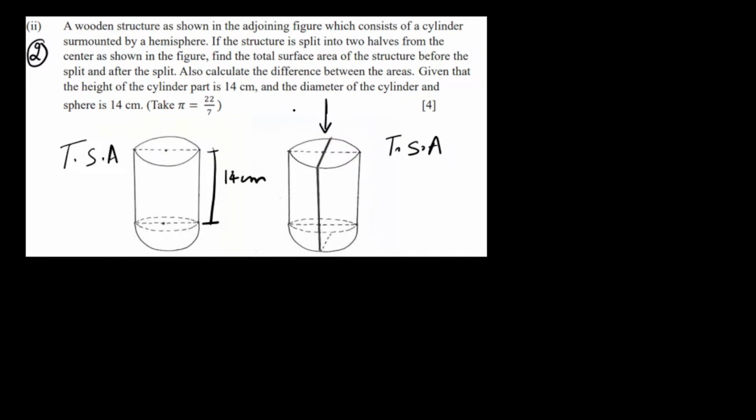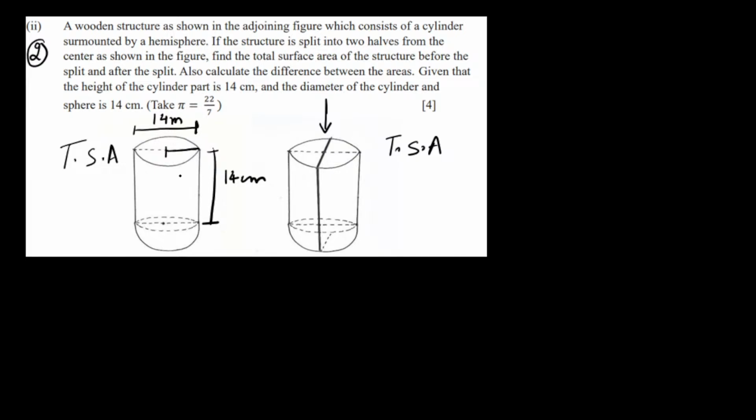And the diameter of the cylinder and the sphere is given to us. That means the diameter of the cylinder and sphere both is the same here. That is also 14 centimeter. So if the diameter is 14, then what will be the radius of both the things?